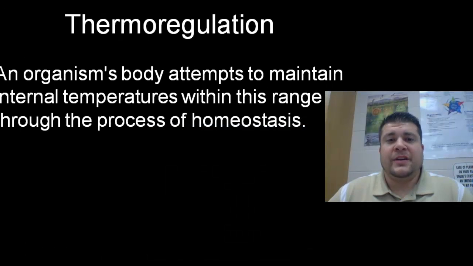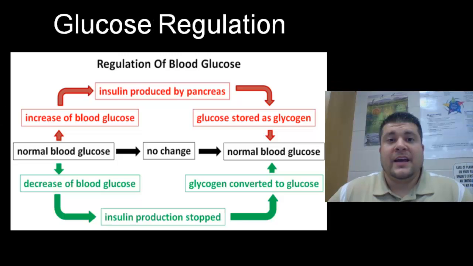Along with temperature, we need to regulate glucose. And glucose is stuff that we eat, and it's a carbohydrate, that's a sugar, and we know that because of the OSE here at the end of the word. And the regulation of glucose takes place in our bloodstream. And our body, our pancreas, produces insulin.